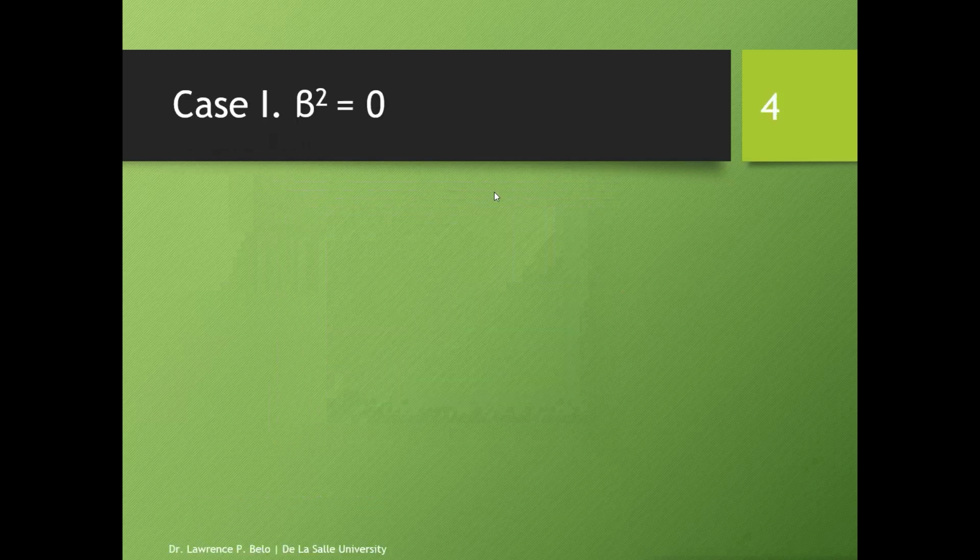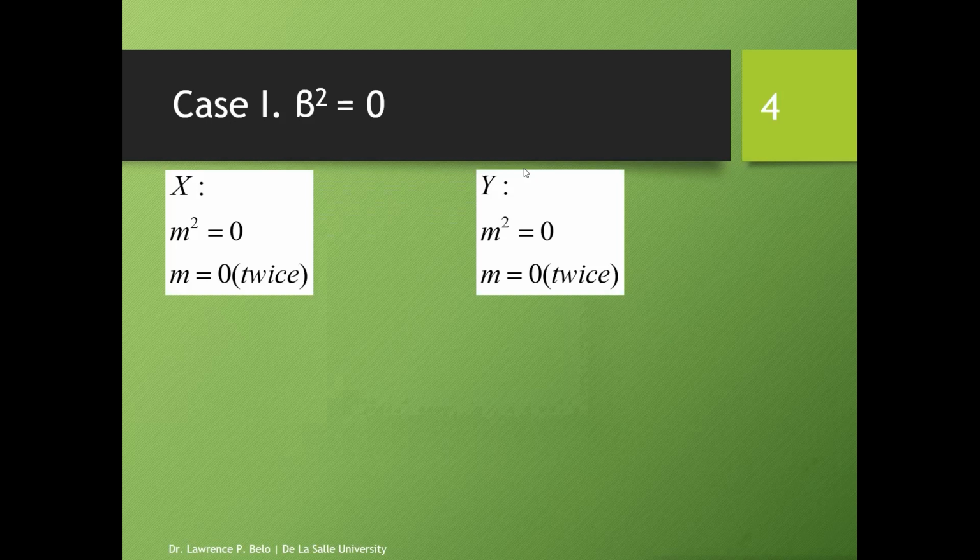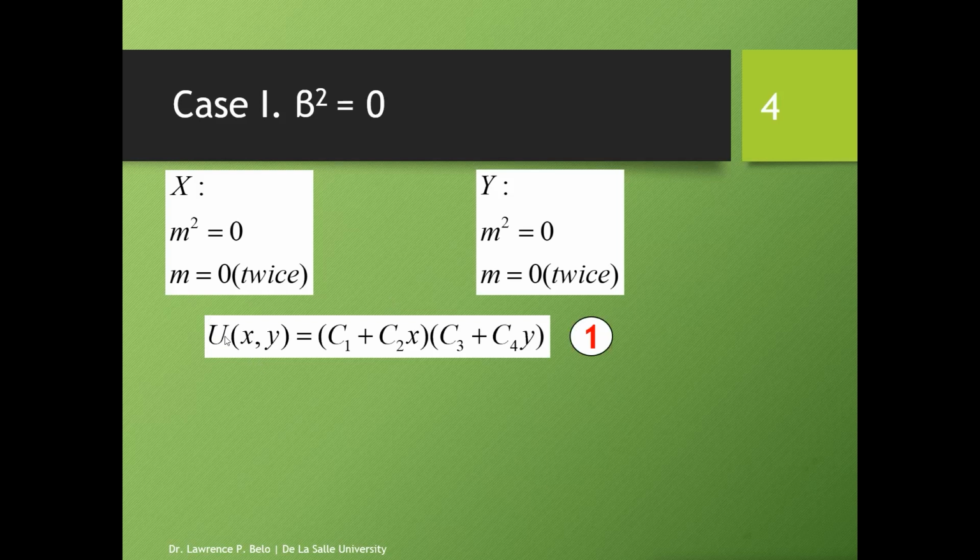I did not write it anymore, but if you would want to write, it becomes y double prime over negative y equals 0, and transposing the negative y to the other side, y double prime equals 0. Or when you change that into m, m squared equals 0, also twice. So if u is a function of xy, it just becomes c1 plus c2x times c3 plus c4y.